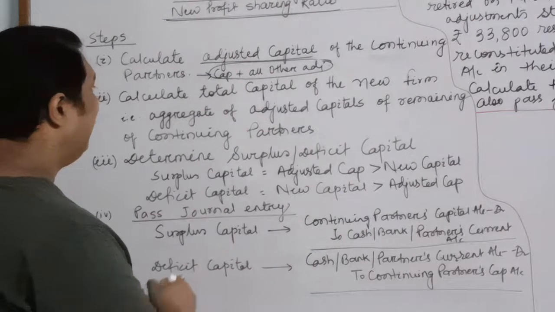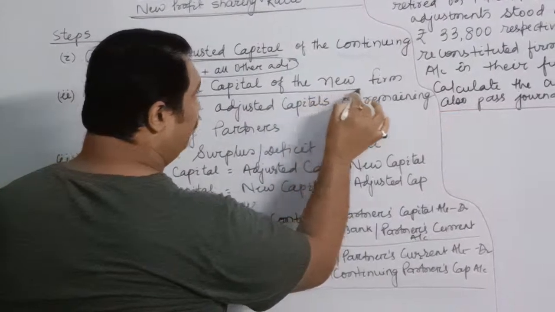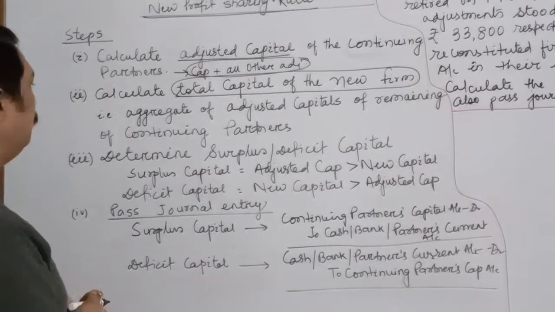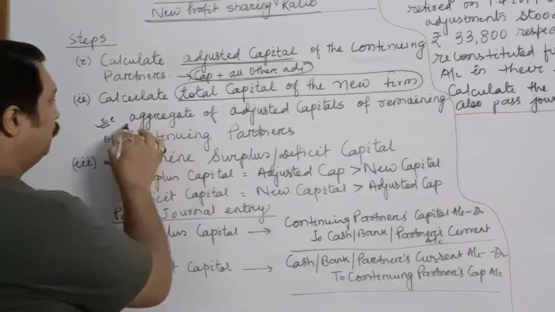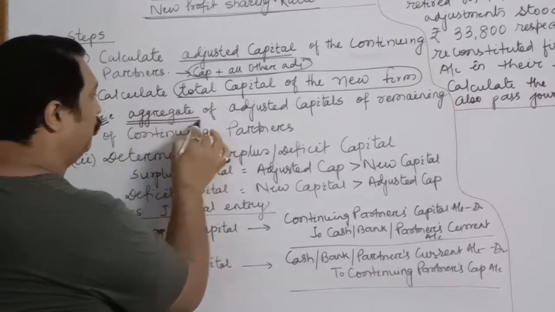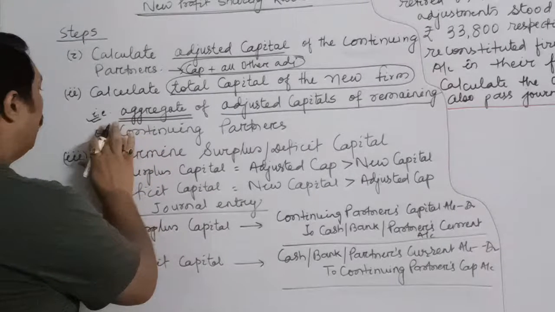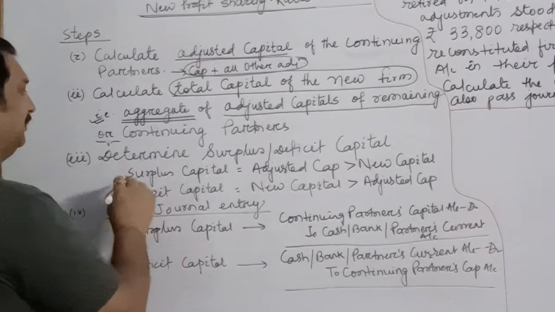Then you will calculate total capital of the new firm. How will you calculate the total capital of the new firm? For that, you are supposed to aggregate, means total, the adjusted capital of remaining or continuing partners.